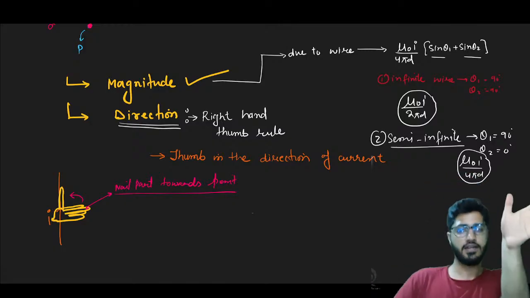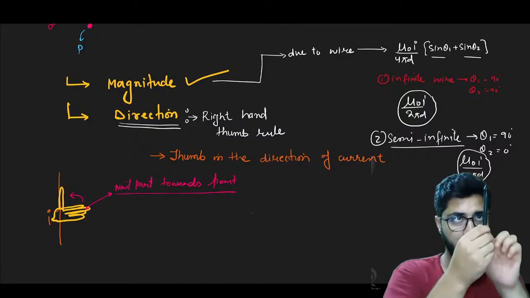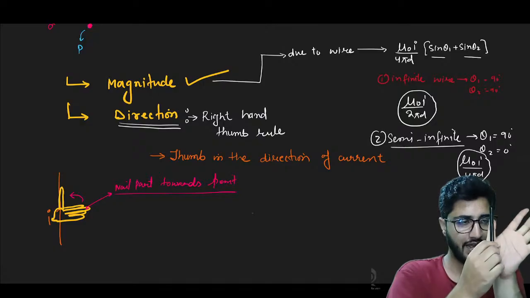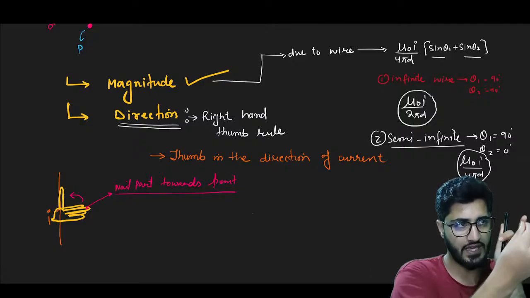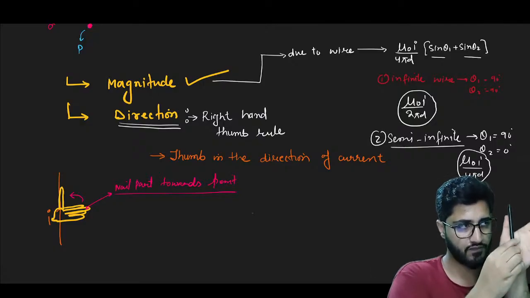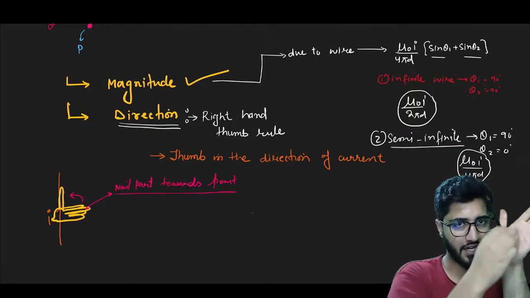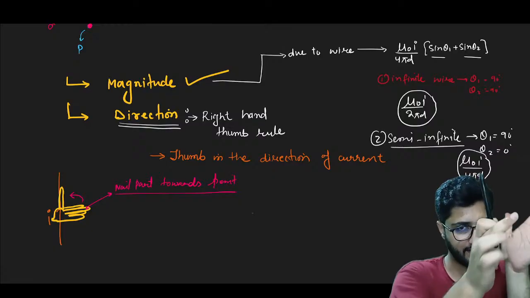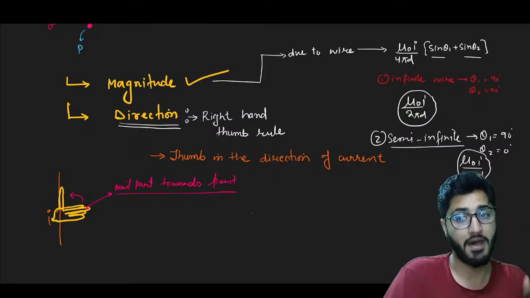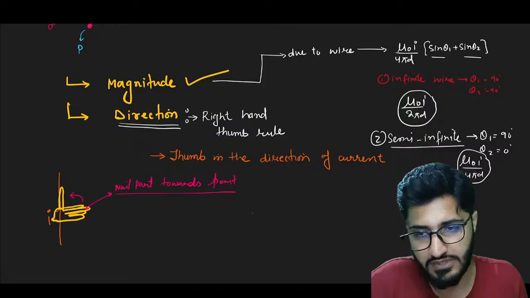So this is my hand, this is my wire. Look, it is going upwards. Place your hand in this way. Now if I want to find the field here, just open my hand. The direction of my palm is the direction of magnetic field. Here my palm is inside, so the direction is inside.